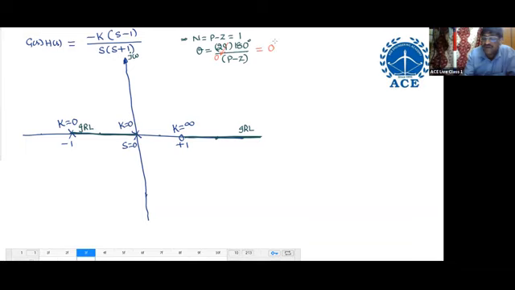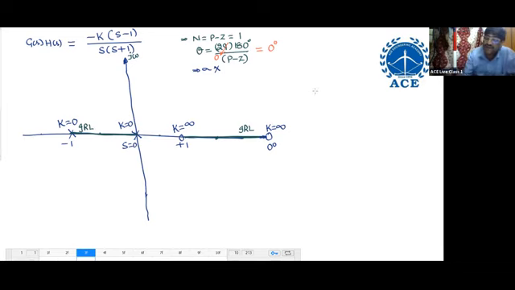That means the answer you are getting is 0 degrees. That means at 0 degrees, there exists a zero where K equals infinity. Next, centroid is not required because the number of asymptotes is 1. Centroid is required when the number of asymptotes is more than or equal to 2.